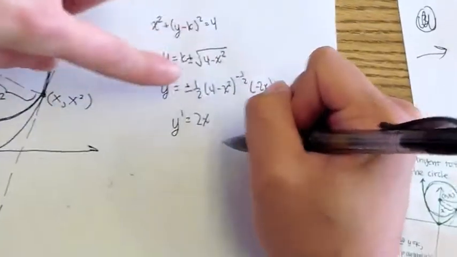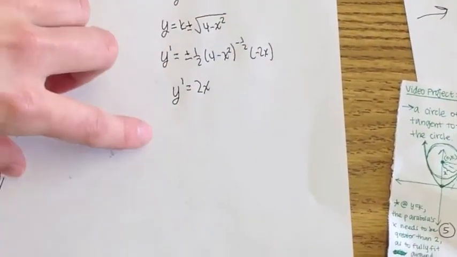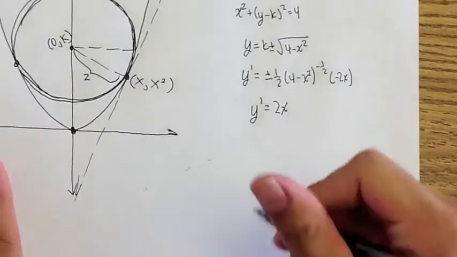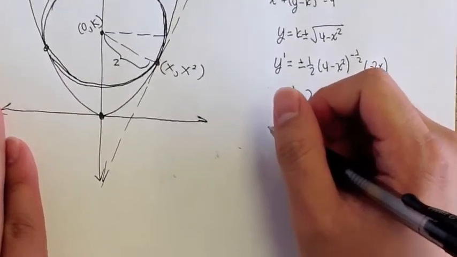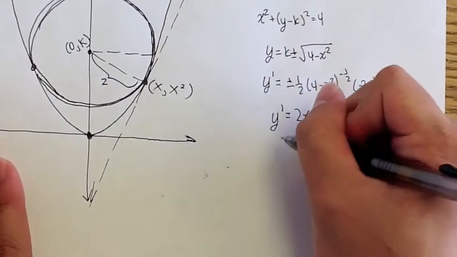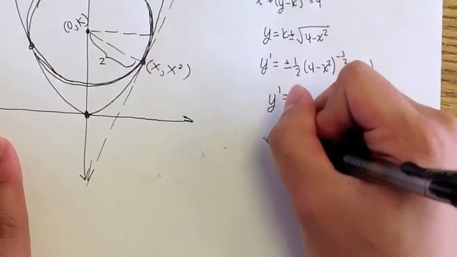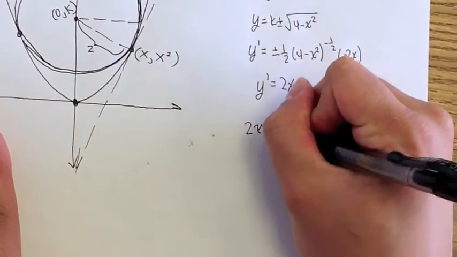Here we have the derivative of the circle, and here's the derivative of the parabola. Alright, so now I should probably plug them in. Yeah, let's set them equal to make sure the slopes are the same.